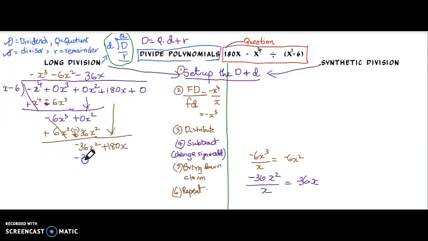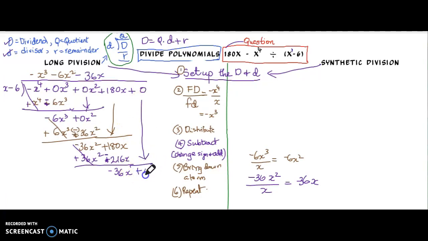We get negative 36x squared, and negative 36 times negative 6 becomes positive 216x. And then we subtract them by changing the sign. So this becomes positive, this becomes negative, and then these cancel, and when you add them you get negative 36x, and then you bring down the 0.